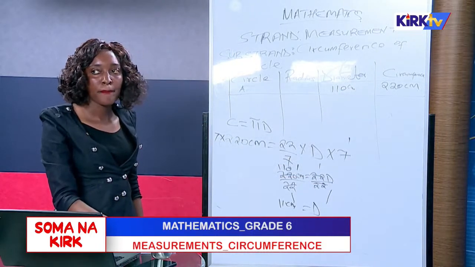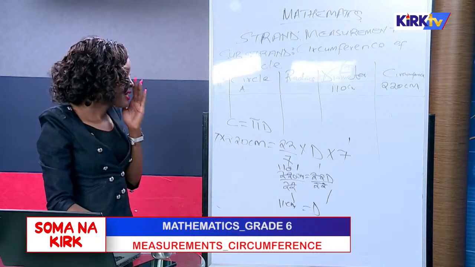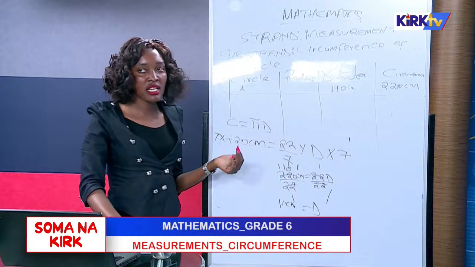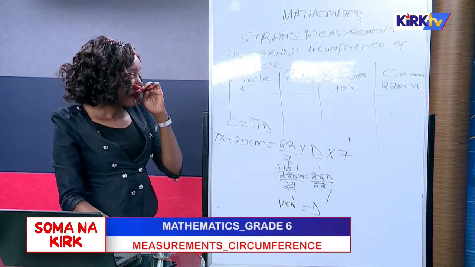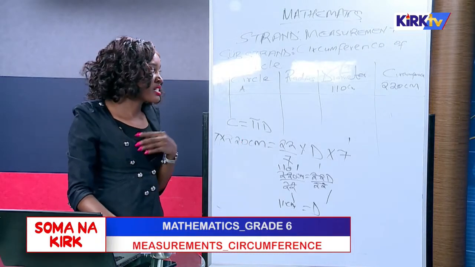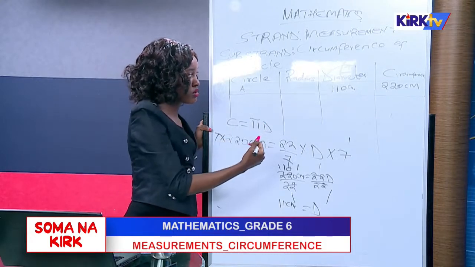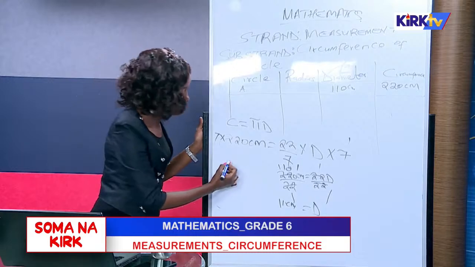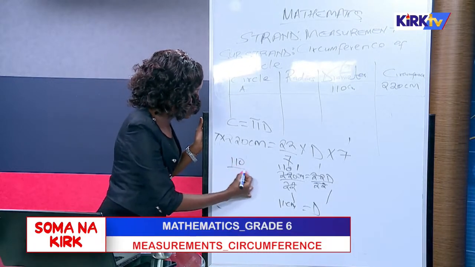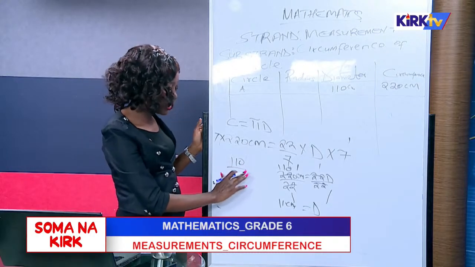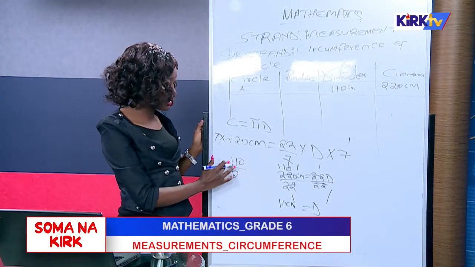Are we together? Yes. And then now we have the radius. Of course, I said diameter is radius times 2. So what are we going to do? We take our diameter, which is 110, divide by 2, right? So again, we're going to hide our 0 and assume there's no 0, take 11.